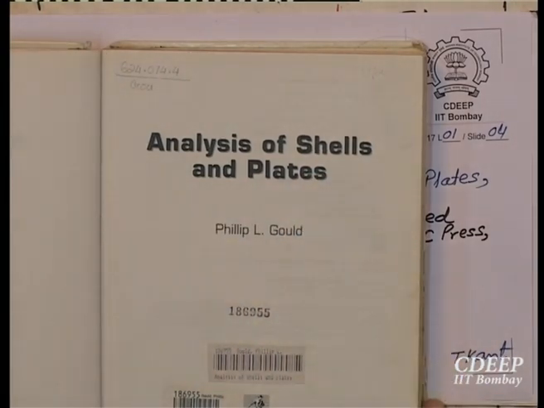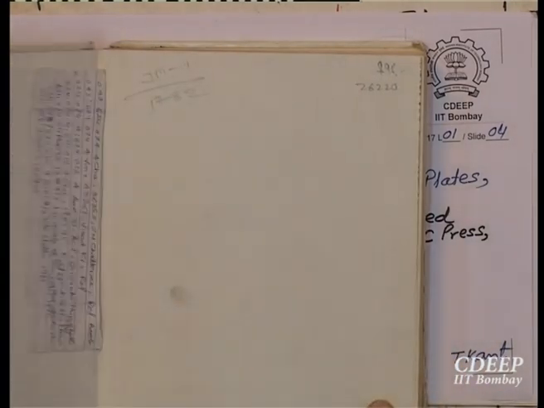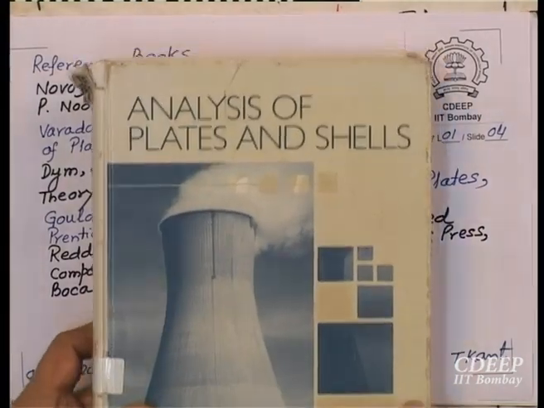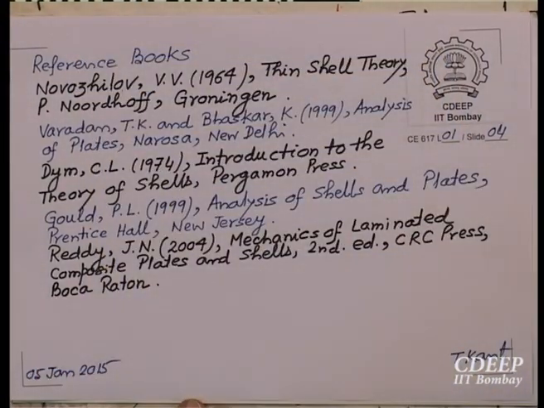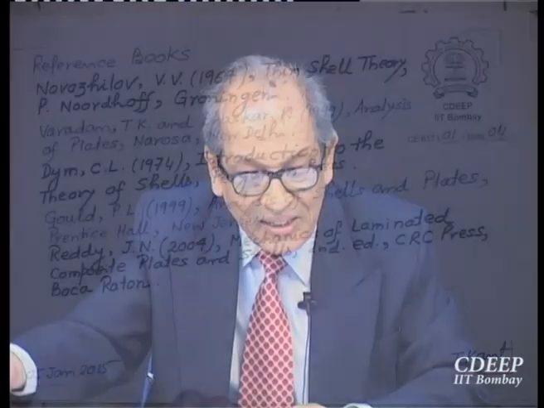Okay, so this is his book, a good book, a good companion, but for shells, to start with, there is nothing better than Kraus. Kraus is a good book. J.N. Reddy also has written, I think I have already told you, on plates.